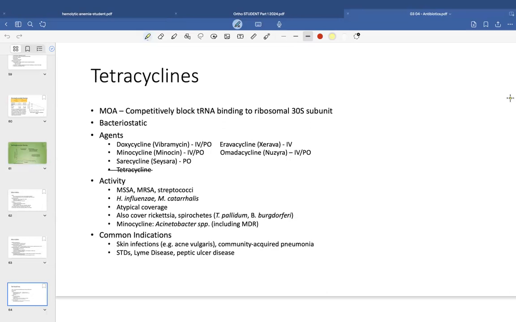More treatment dosing for conditions like community-acquired pneumonia, particularly those with penicillin allergy. And again, they are helpful for certain STDs, and some of the triple regimens for H. pylori disease.